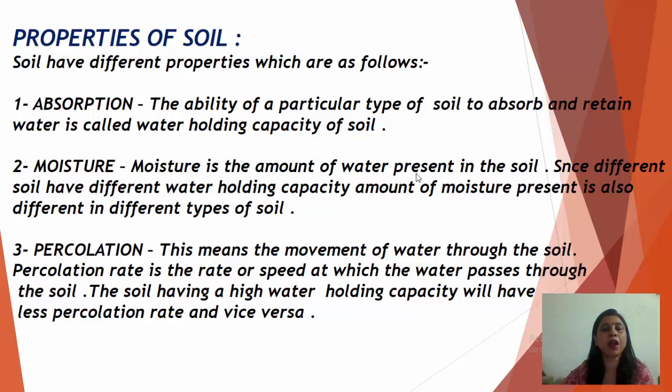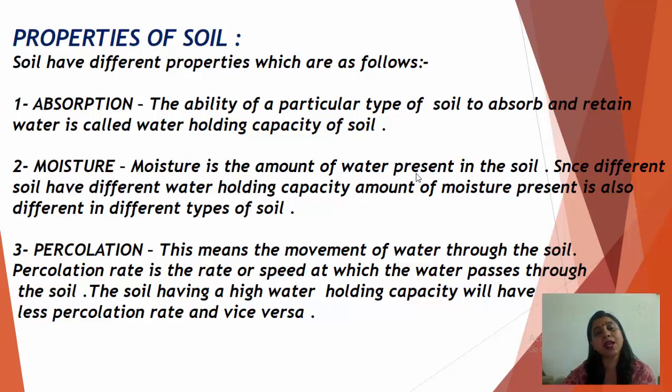The soil having a high water holding capacity will have less percolation rate and vice versa, means जिसमें water holding capacity ज़्यादा होगी. जैसे मैंने बताया अभी clay soil में जब 3 सैंपल आप लेंगे clay soil का, loamy soil और sandy soil का, clay soil में जब आप water डालेंगे, water will not pass through the particles of the clay soil because they are very fine. तो water holding capacity उनकी ज़्यादा है, तो less percolation rate होगा, means water movement कम होगा.